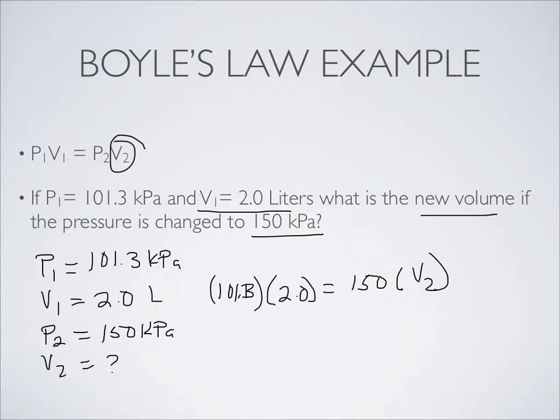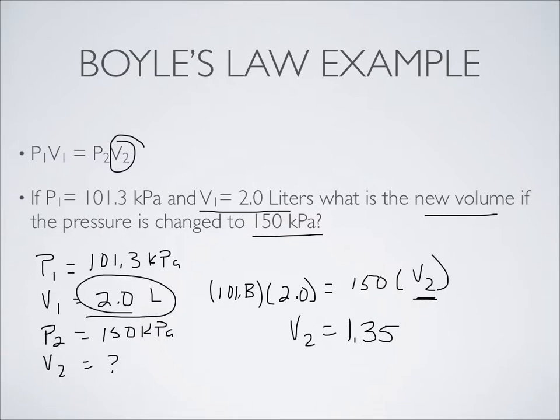Just do the math: take 101.3 times 2 divided by 150, and you get 1.35. The label would be whatever the label for the other volume was, so it would be liters. One of the things to think about is, does it make sense? Always think about it. I've increased the pressure, and I got a smaller volume. Does that make sense? Yeah, that's very possible.